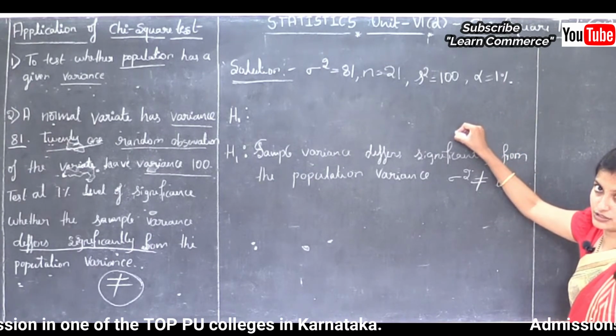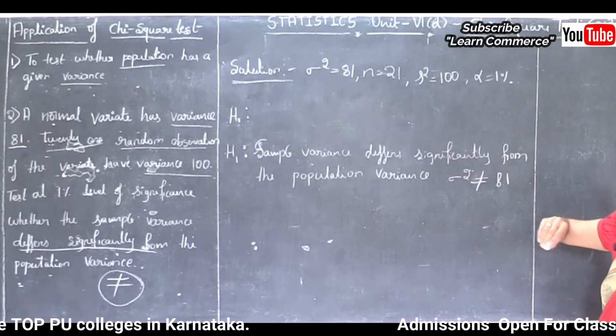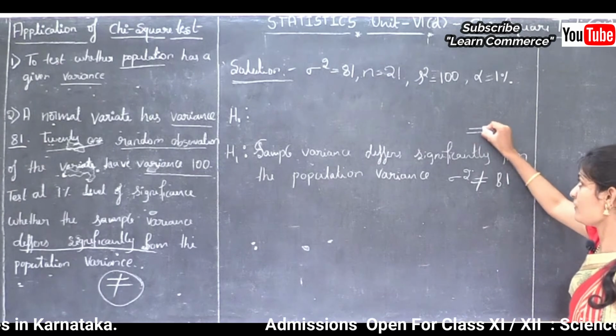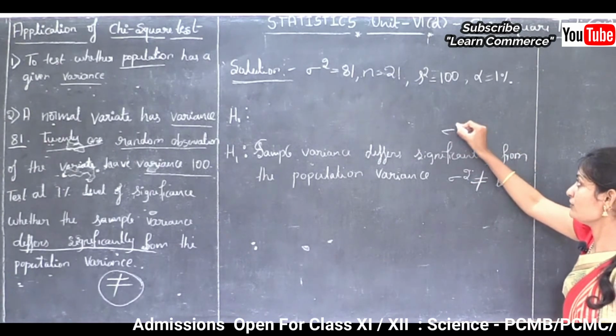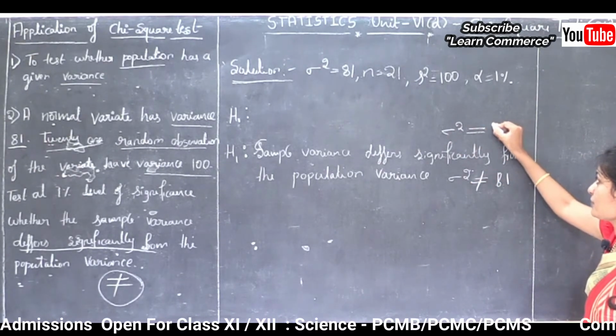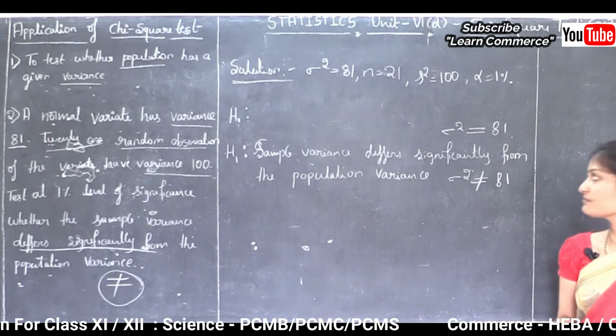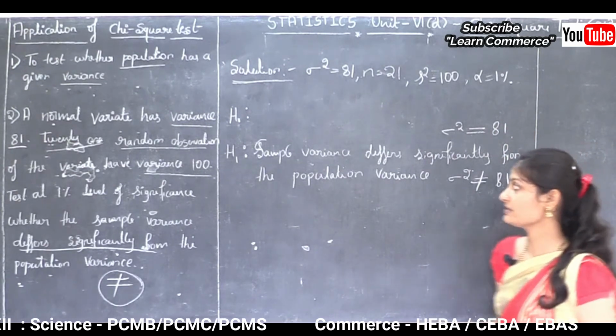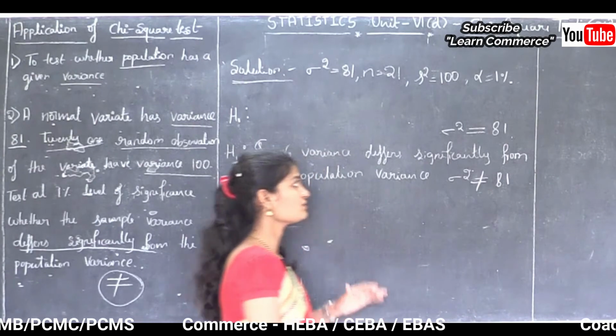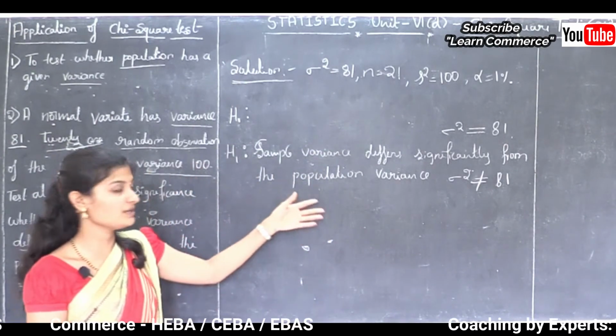And H naught is the null hypothesis. The null hypothesis is always equal to, so we write sigma square is equal to 81. When sigma square is equal to 81, the sample variance does not differ significantly from the population variance.